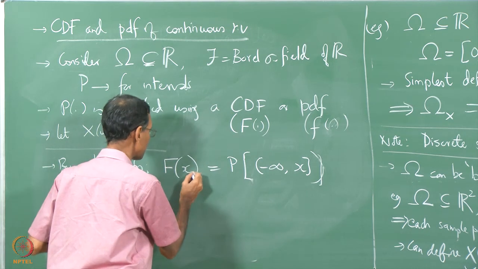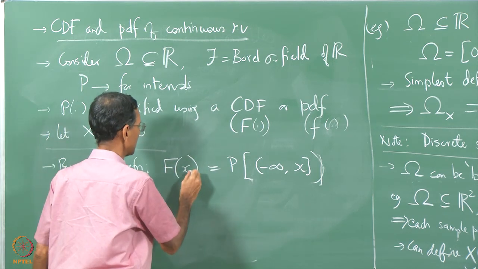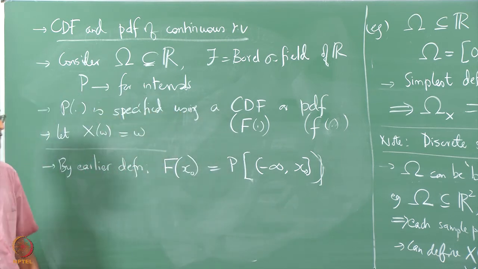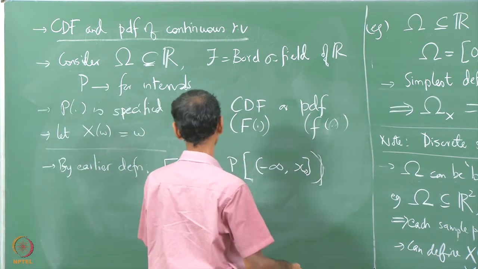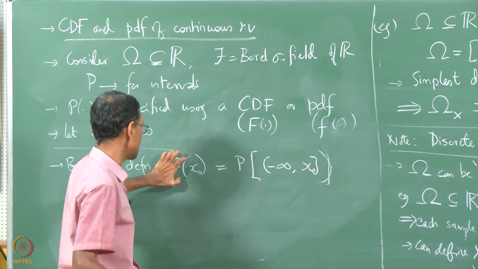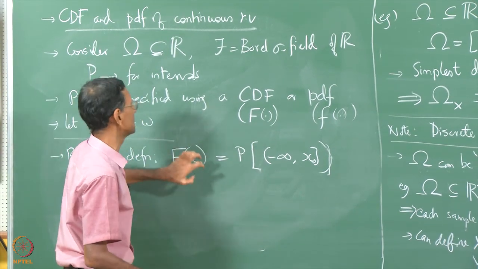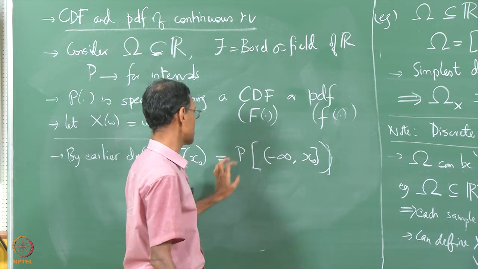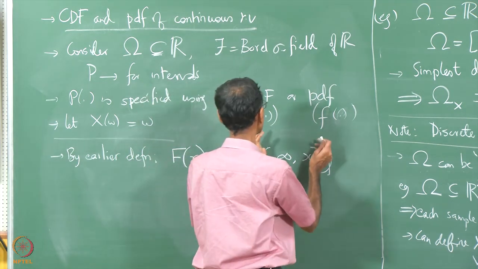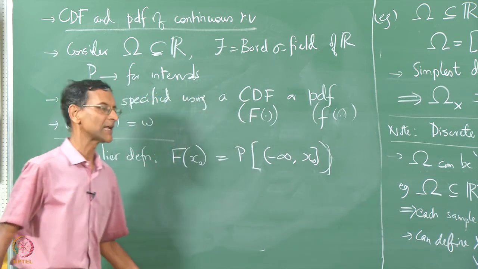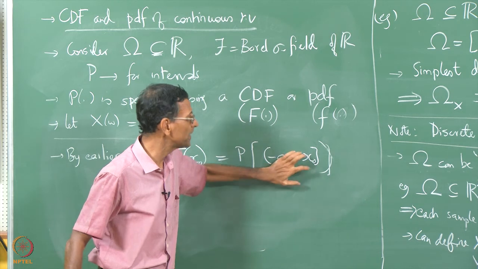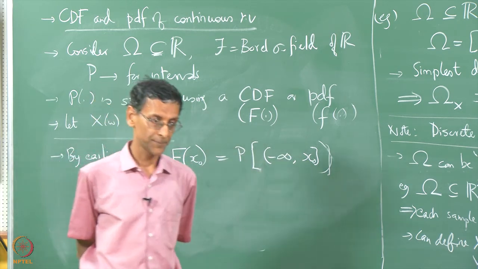To make it even clearer, let me write some x naught here. We can picture the CDF at the number x naught to be the probability that we are assigning to this interval, which is the set of all real numbers no bigger than x naught.